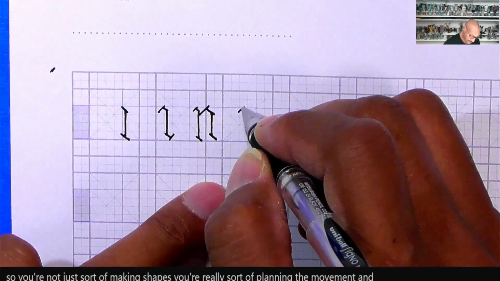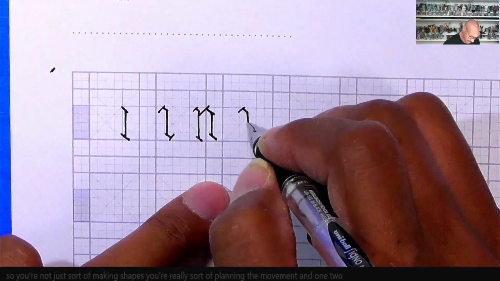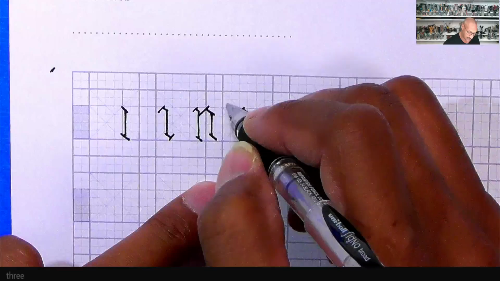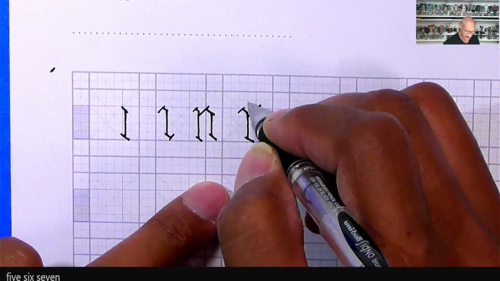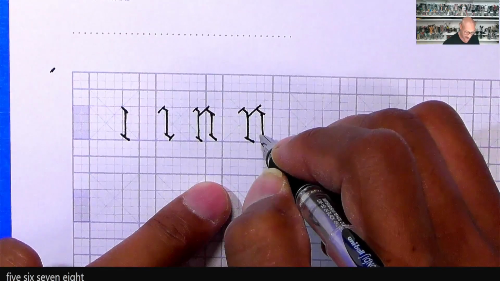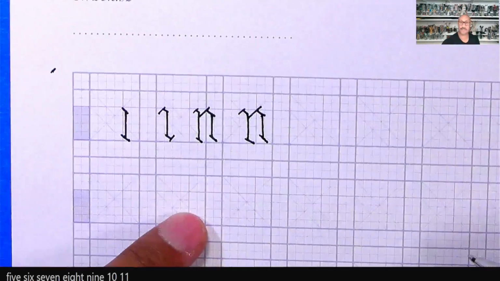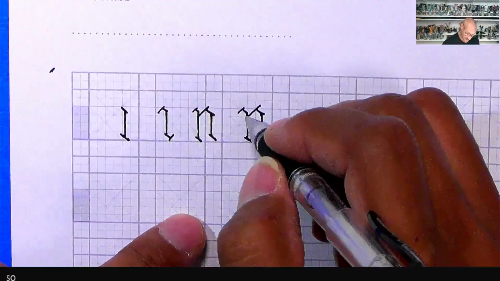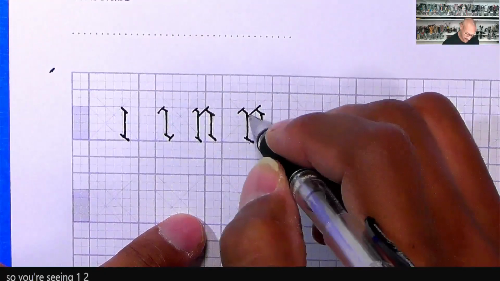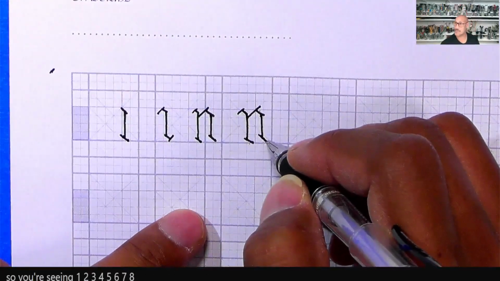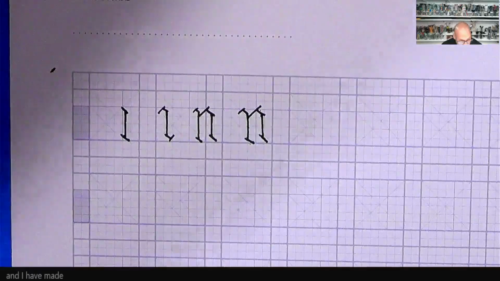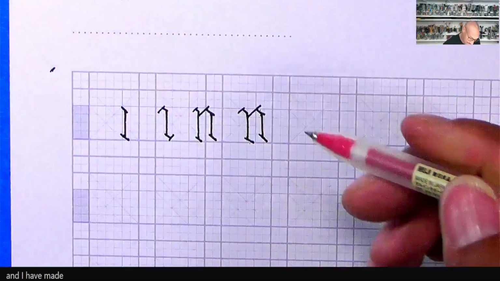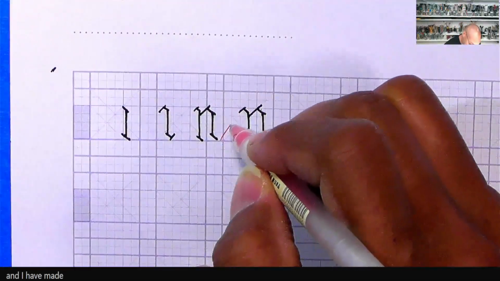And 1, 2, 3, 4, 5, 6, 7, 8, 9, 10, 11. So you're seeing 1, 2, 3, 4, 5, 6, 7, 8 shapes. And I have made one.